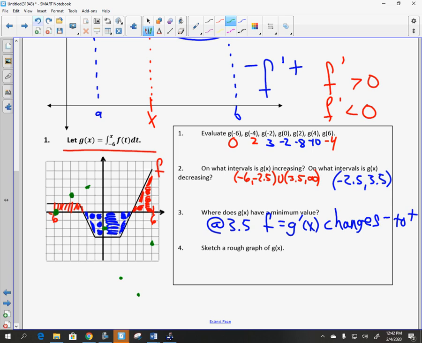So if you kind of connected these dots, you would see the shape of G. Something like that. It's a rough graph. It's not exact.